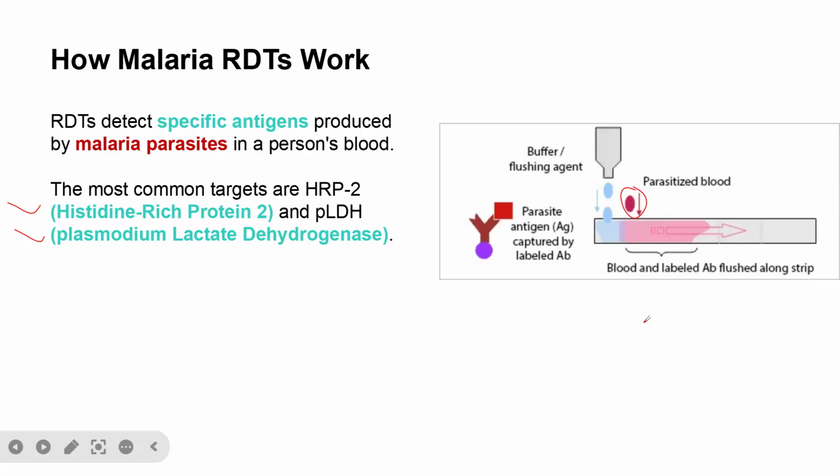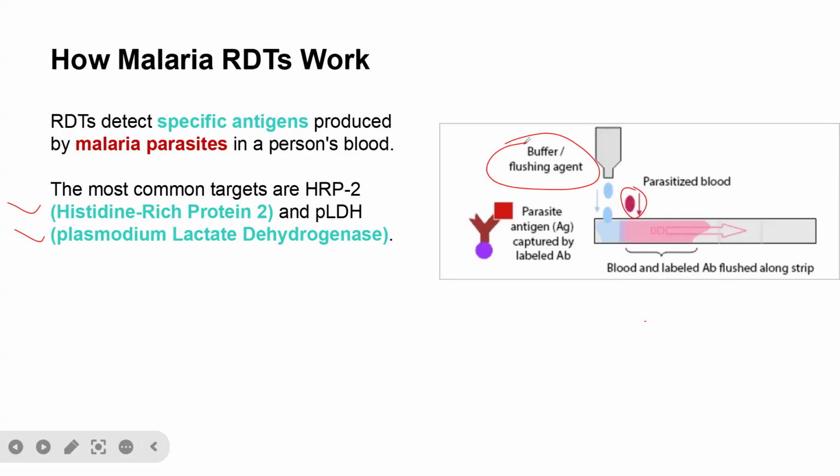The major reason why we add buffer is that it serves as a flushing agent. After you add the blood, you add the buffer, and the buffer will flush the blood so that it can move to the oval window, where the malaria parasites would be detected.